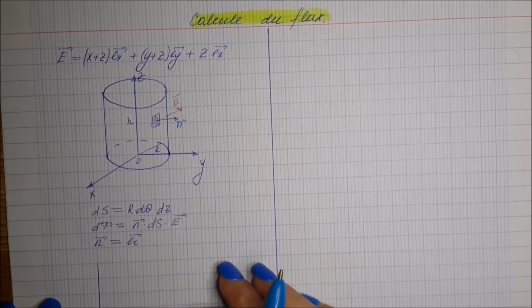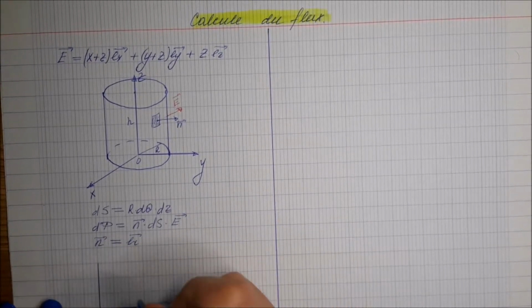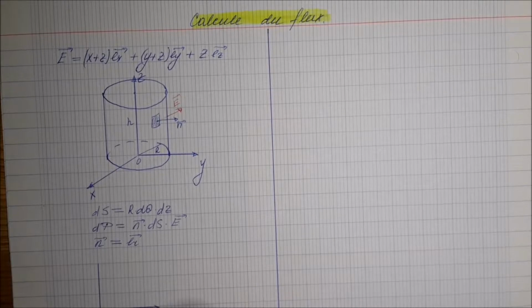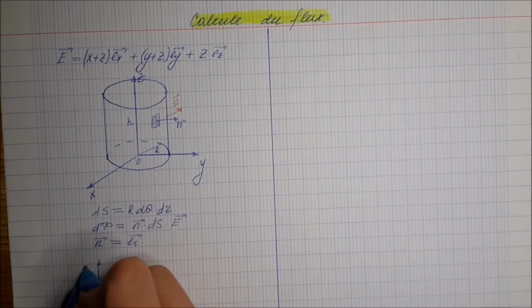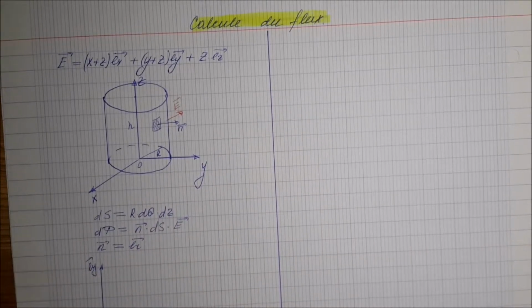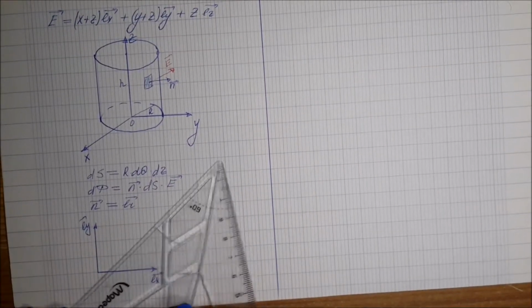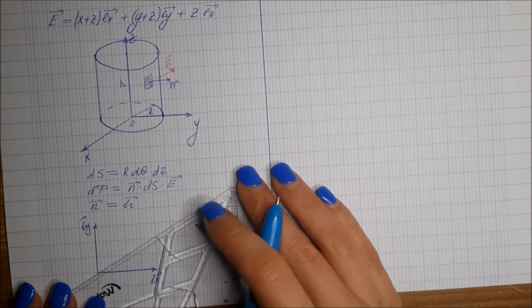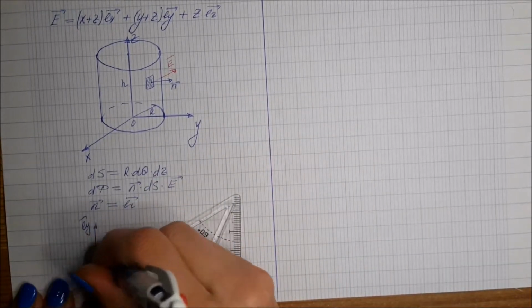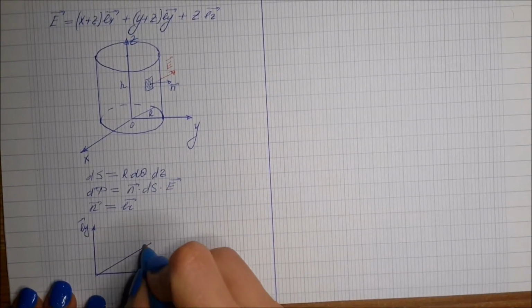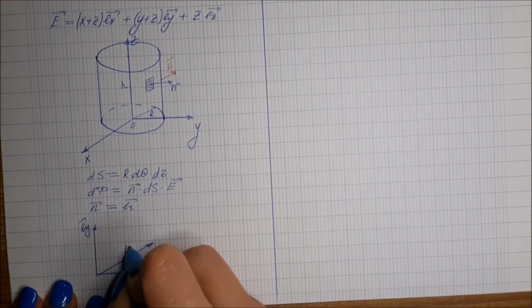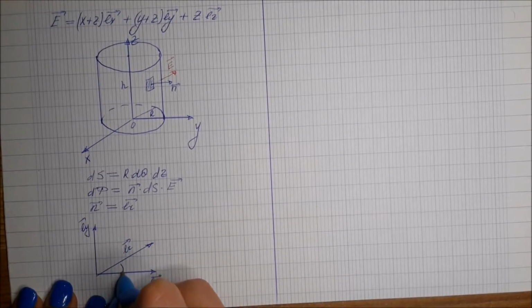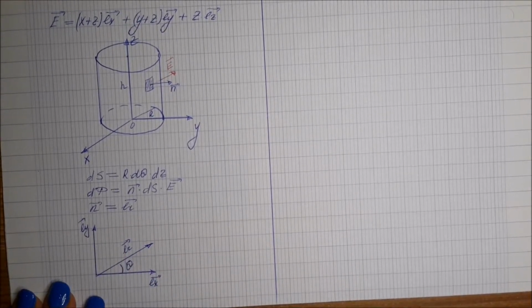So we have two vectors of the Cartesian system, EX and EY. And I will add to the drawing my unit vector ER for the polar coordinate system and the angle theta.